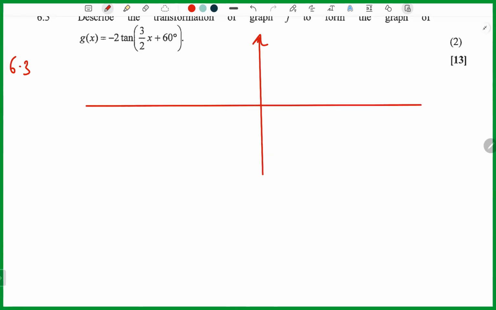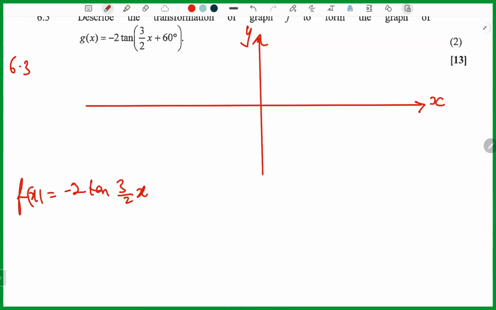It is the graph of the function f of x equals minus 2 tan of 3 over 2 x. Y and x.